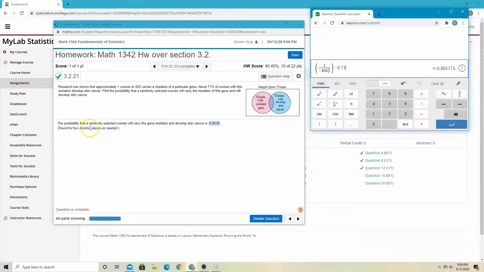And they say round the answer to 4 decimal places, 4 digits past the decimal point. So 1, 2, 3, 4, so that's a 7. Now either we leave it a 7 or we go up to an 8. It depends what follows. What follows? A 7. So the 7 means this is instead of 1.7, it's closer to 1.8. So we put 0.0018. And that's the correct answer.